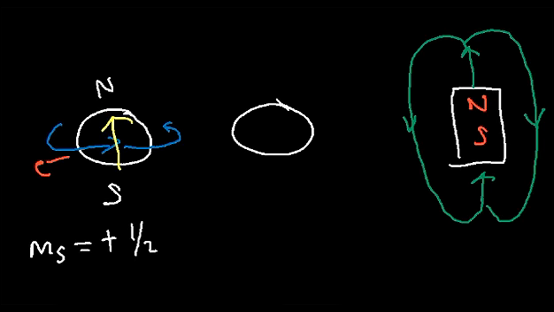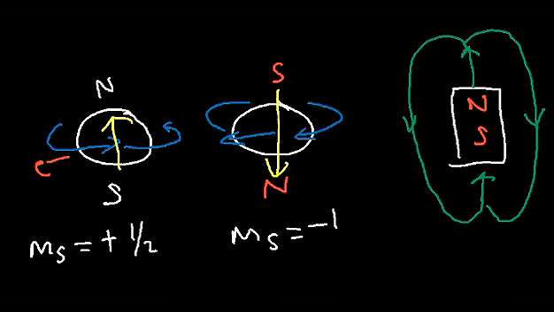Now for an electron that has the opposite rotation, it's going to have the opposite spin. So this is now going to be the south pole and this is the north pole. And so the spin will be negative 1/2.